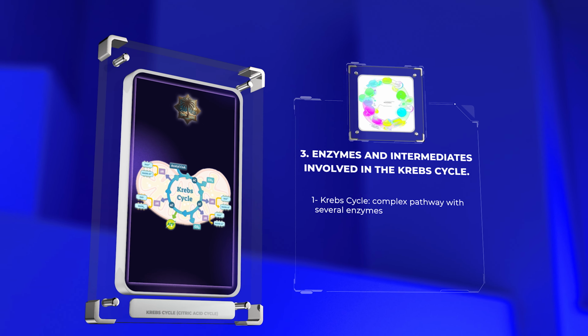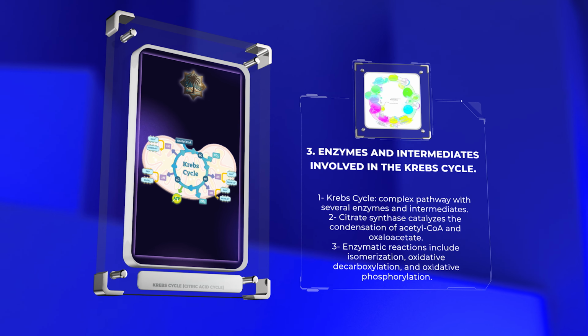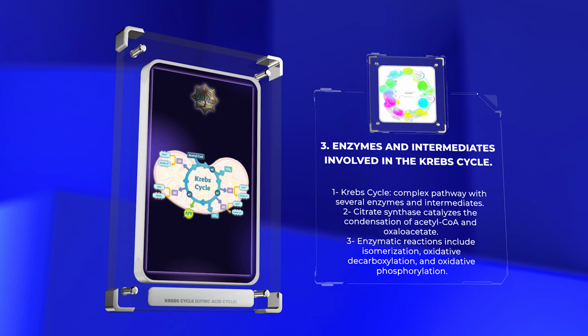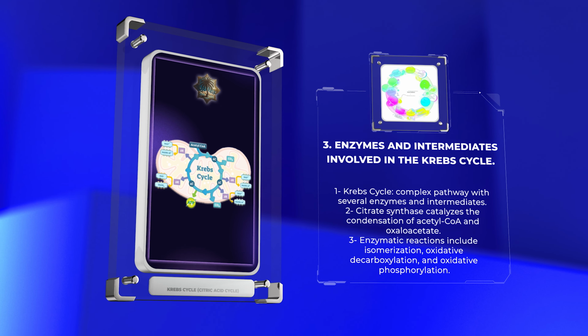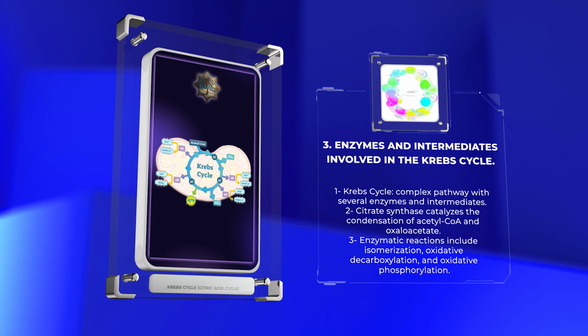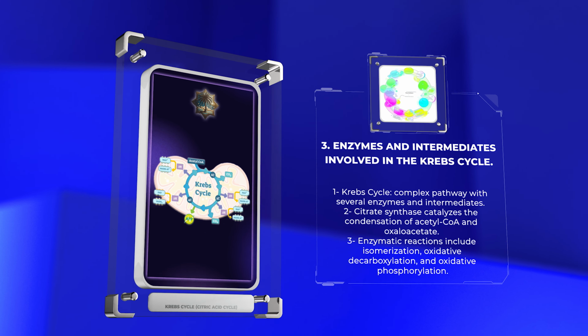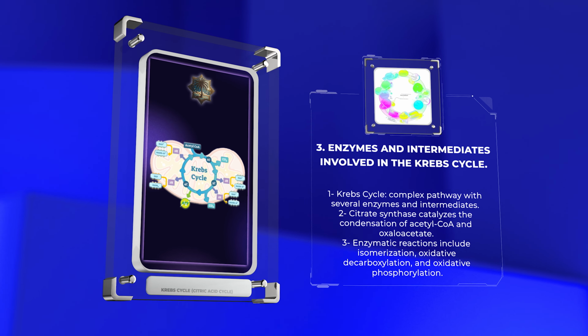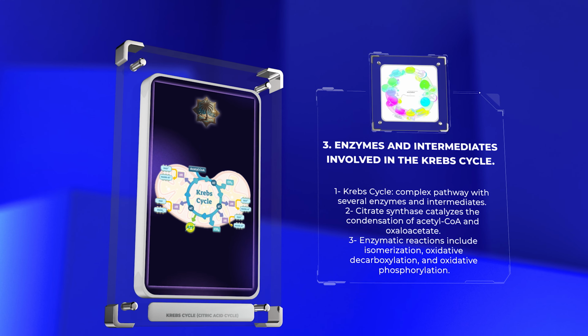The Krebs cycle is a complex pathway involving several enzymes and intermediates. The cycle begins with the condensation of acetyl-CoA and oxaloacetate, catalyzed by the enzyme citrate synthase. This reaction forms citrate, the first intermediate in the cycle. Subsequently, citrate undergoes a series of enzymatic reactions, including isomerization, oxidative decarboxylation, and substrate-level phosphorylation.